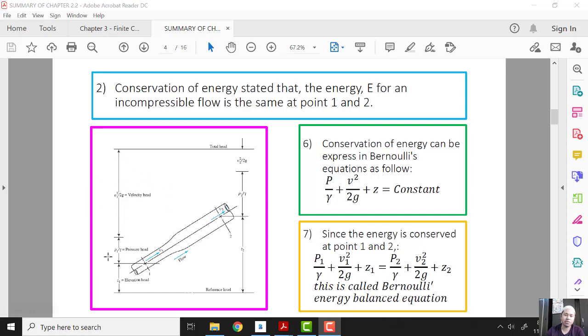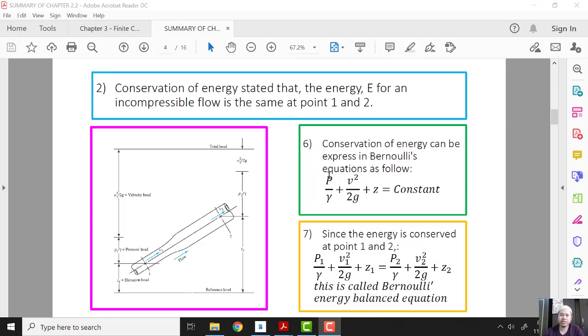We have these three types of energy at point 1, and also at point 2. The total energy is the same at point 1 and point 2, but the kinetic energy is different. We have a larger kinetic energy at point 1 compared to point 2, and a smaller elevation energy at point 1 compared to point 2.